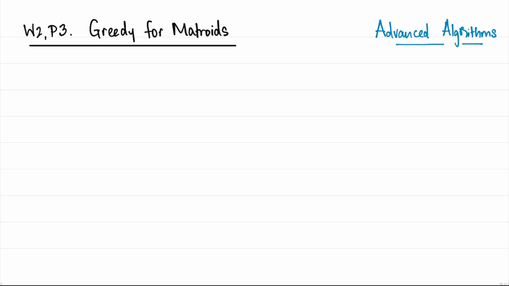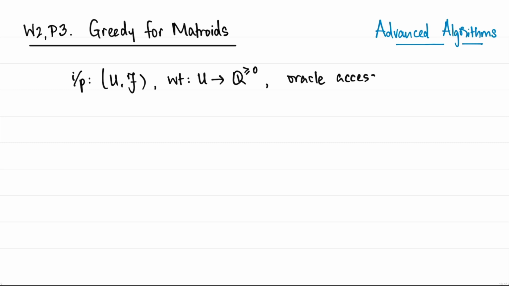Now let's get back to the greedy algorithm, and once again remember that the input is U and F, a weight function from U to, let's say, non-negative rationals, and oracle access to F. The output that we are looking for is a max weight set in F.